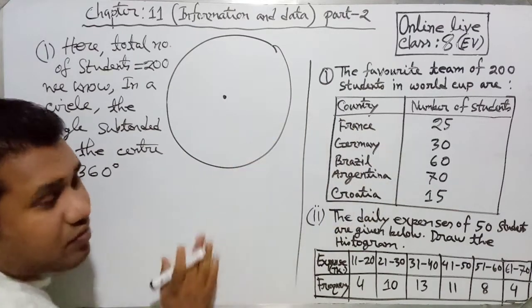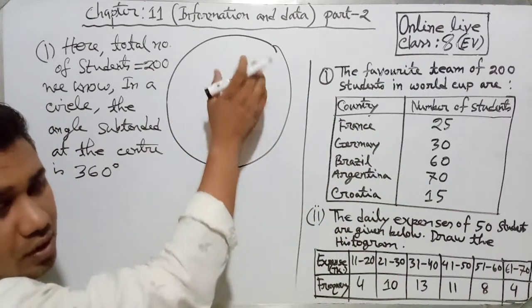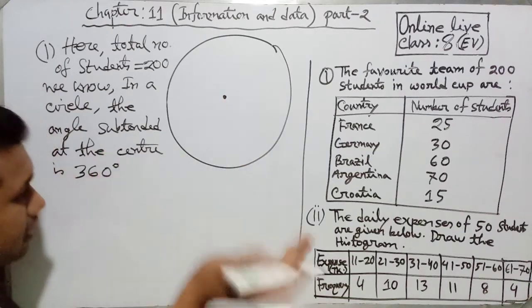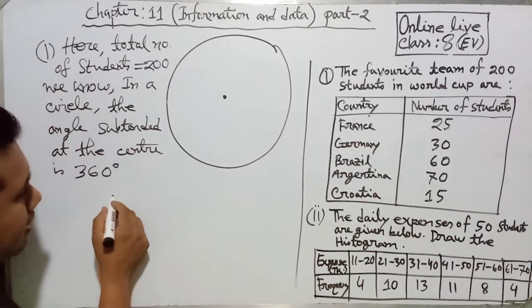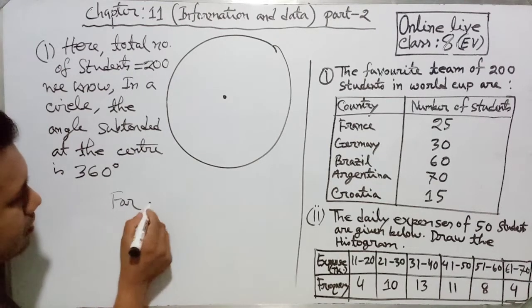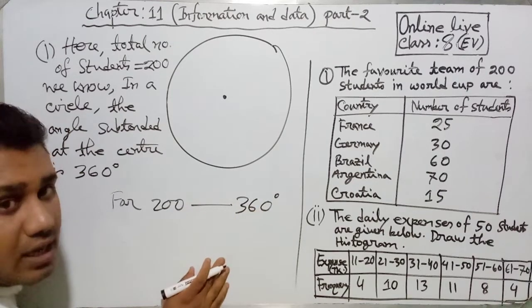So the whole 200 students will cover 360 degrees. So now France 25. So 25 students will contain how many parts of this circle? So we have to find. As a unitary method, which we learned in class 4 and 5, for 200 students we have 360 degrees.